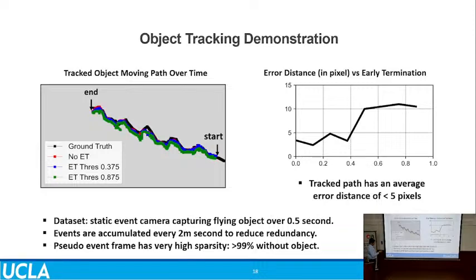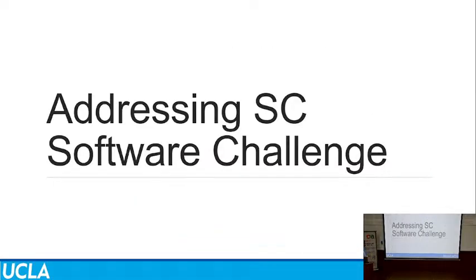In a 640 by 480 camera, the pixel error is less than 5 pixels in terms of where the object was located. So that was an example of where we could use SC, where conventional digital systems will have a very hard time to keep up with it.